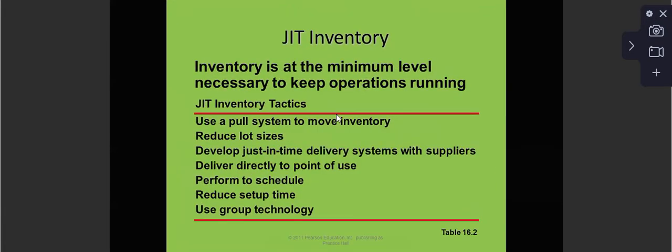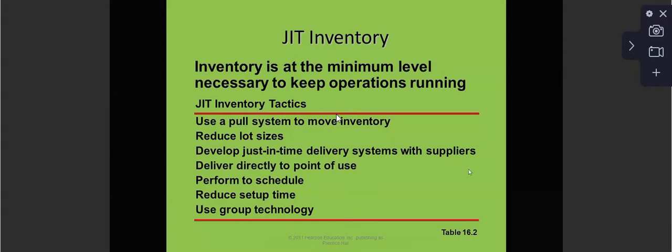So in just-in-time, inventory is at the minimum level necessary to keep operations running. In just-in-time or small lot inventory, we use a pull system to move inventory, reduce lot size, develop a just-in-time delivery system with suppliers, deliver directly to point of use, perform to schedule, reduce setup time, and use group technology.